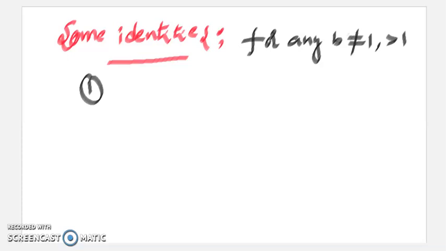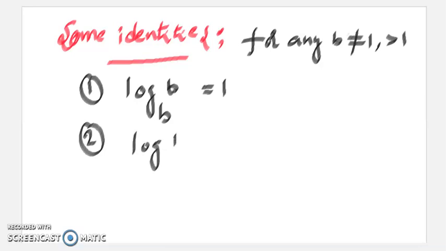Now start with the first identity. Log b with the base b, the two are matching, is equal to 1. Second one: logarithm of 1 with the base b is equal to 0, meaning the logarithm of the value 1 is 0 with any base.